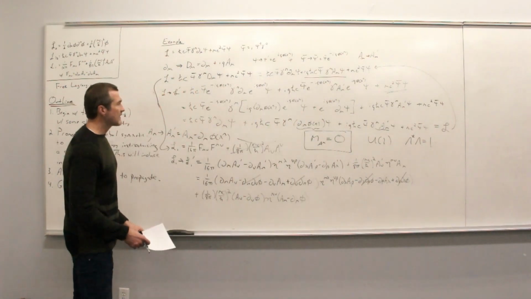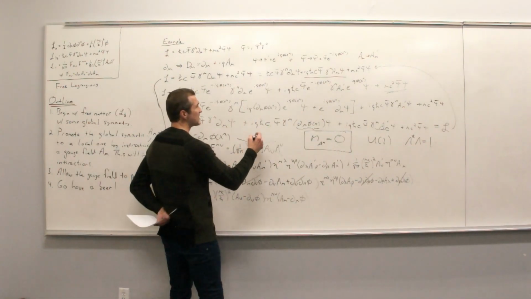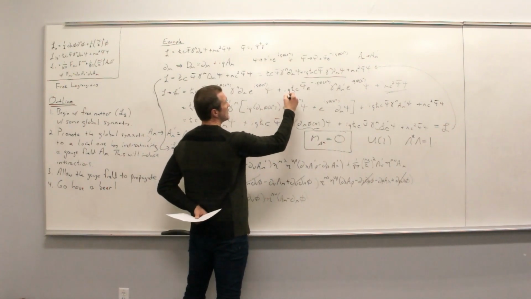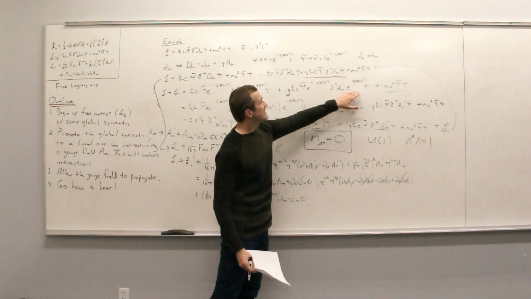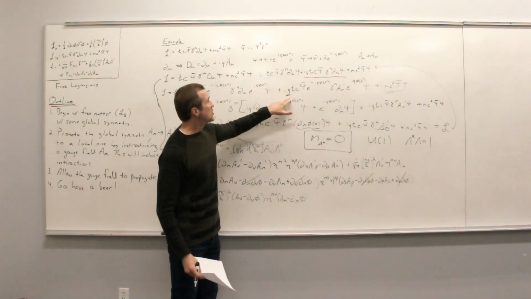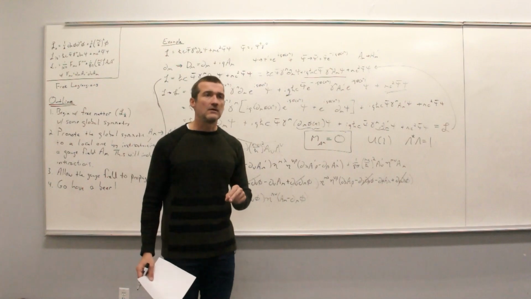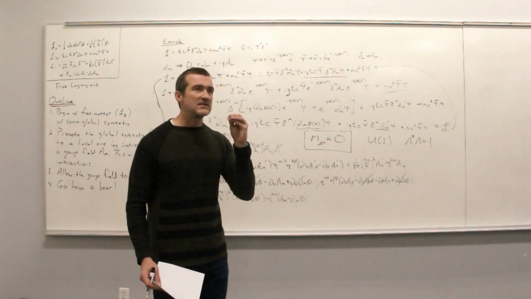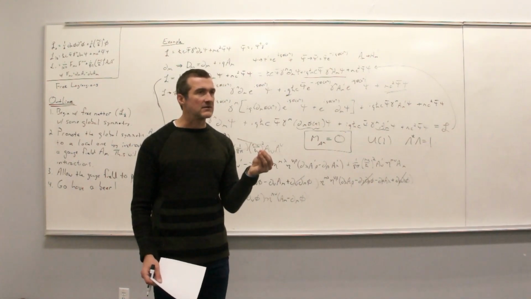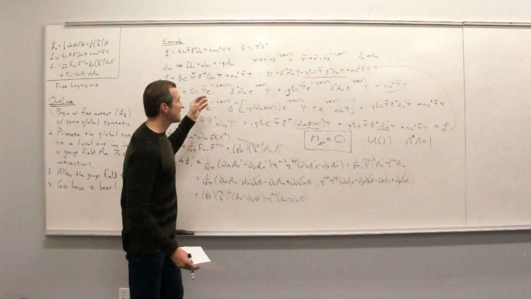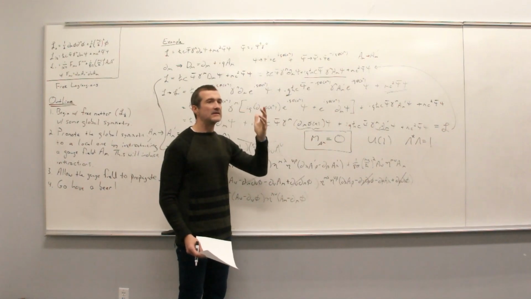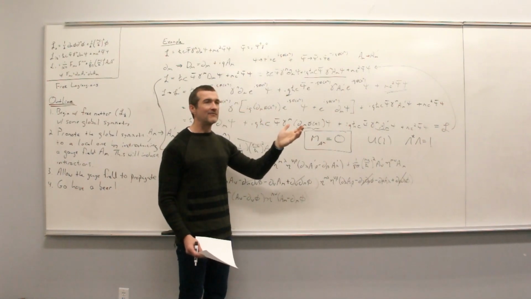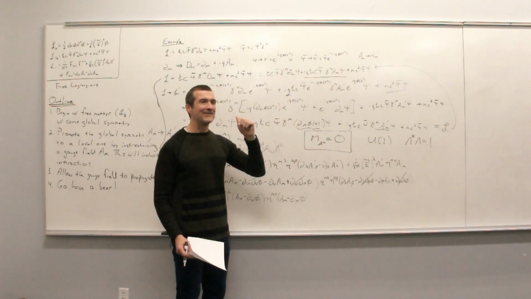That also lets us give an interpretation to this factor right here, Q. This is the interaction term, psi times A times psi. What do you think Q corresponds to? It's the charge. It is the strength of the electromagnetic interaction. In fact, you can write this down and then ask, what does this look like if I have a particle that has no interaction with the electromagnetic field? You just set Q to 0. Okay?